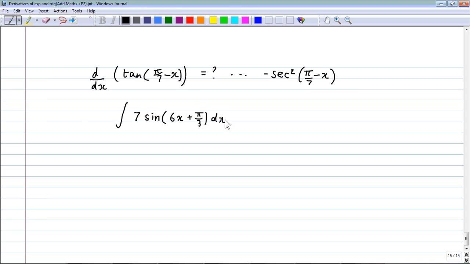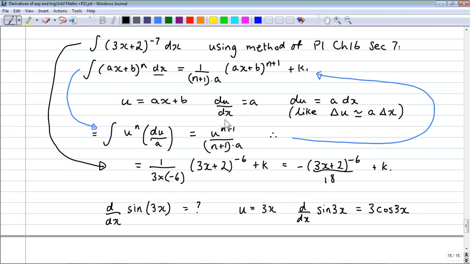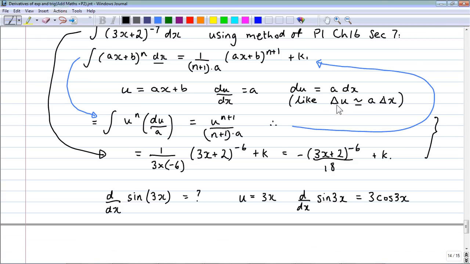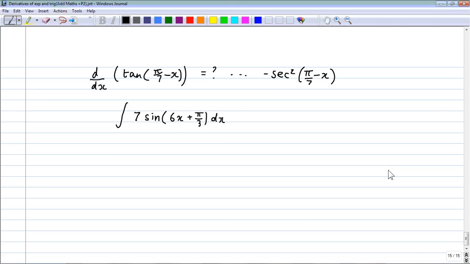Well, here what we would do is follow exactly the same logic as I showed you here, which is to make a substitution u equals 6x plus pi over 3, so that du is equal to 6 dx.